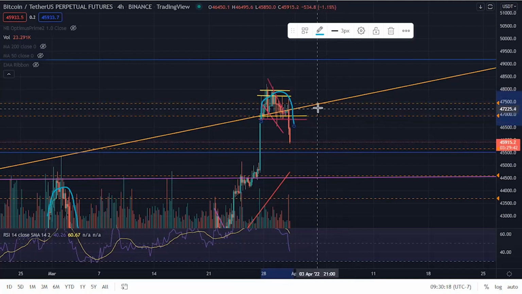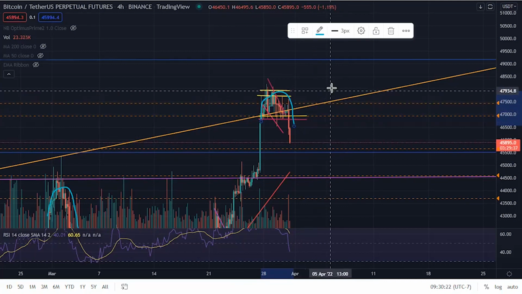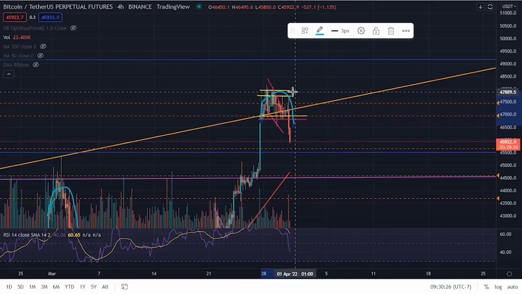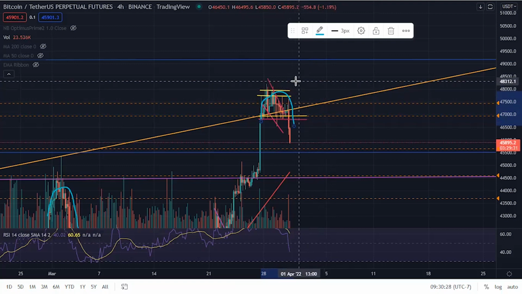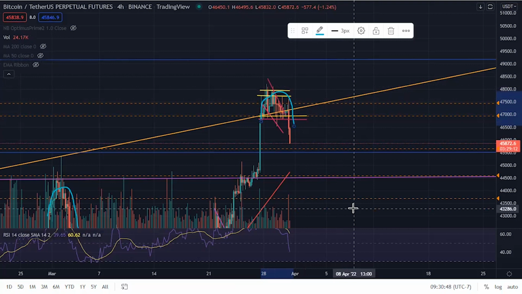If Bitcoin breaks through this resistance, I'm going to place another long and take my profit around 48,000. And if Bitcoin breaks this 48,000 resistance, then I'll place another long and ride it all the way to 49,000. Okay, guys, so this is it for the analysis for today.